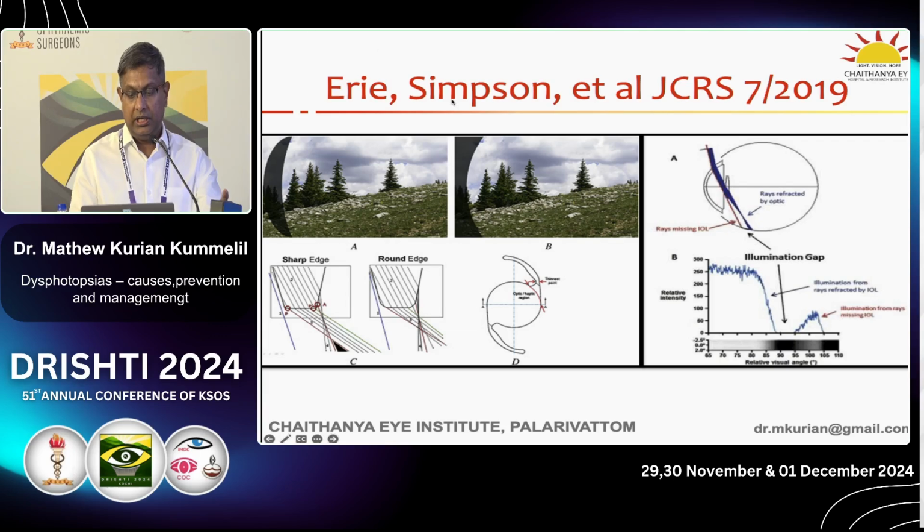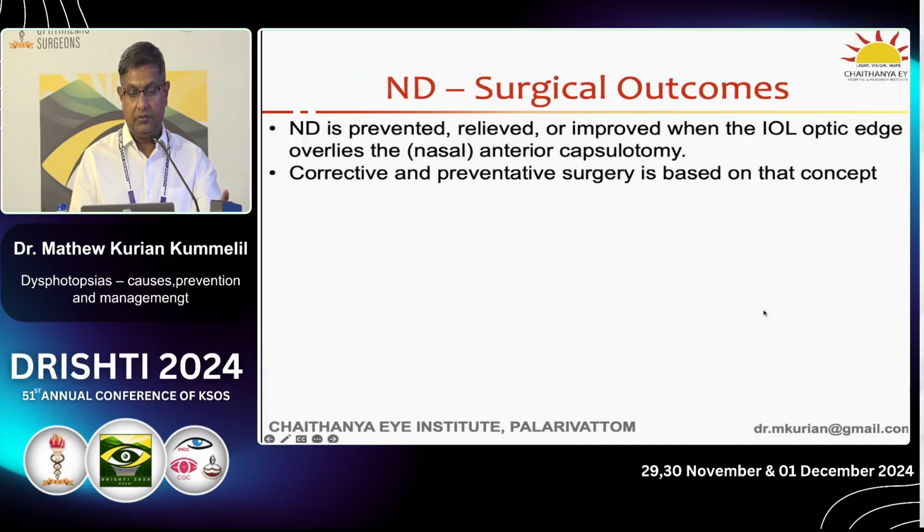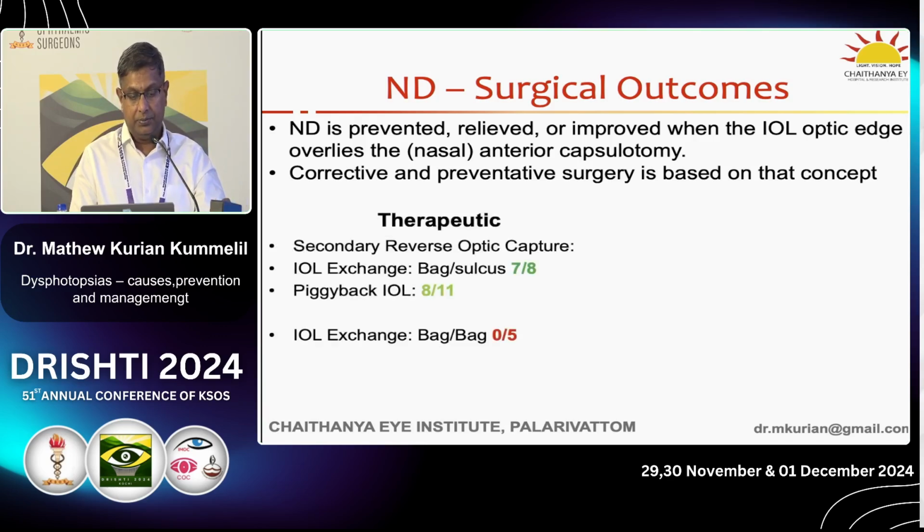The edge of the lens refracts some amount of light, and some light goes without refracting, and there is an illumination gap which is causing the negative dysphotopsia. As for surgical outcomes, this is prevented or relieved when the IOL optic edge overlies the anterior capsulotomy, so you need to do a reverse optic capture.